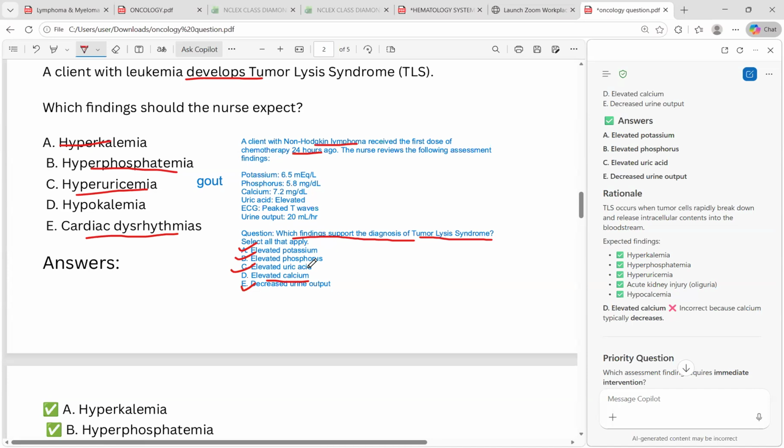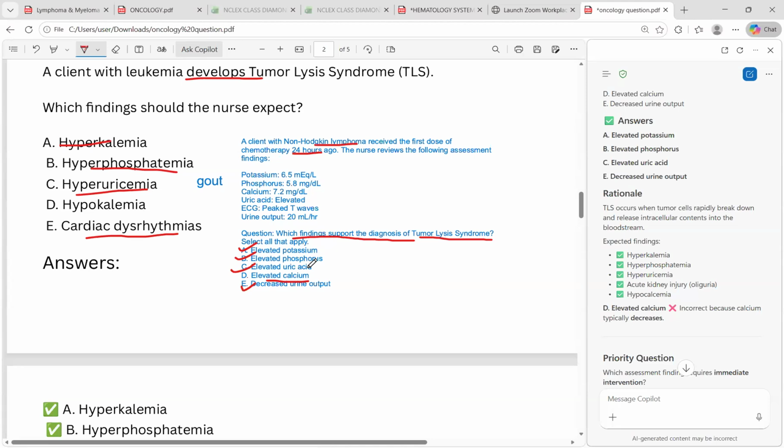And why have you selected urine output? All this can cause acute renal failure, ma'am. Because these products are mostly eliminated through the urine, it can lead to acute kidney injury.